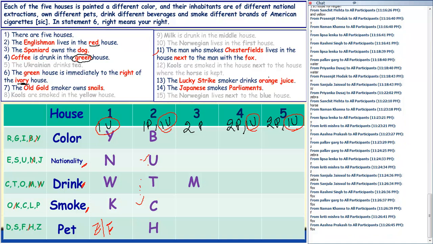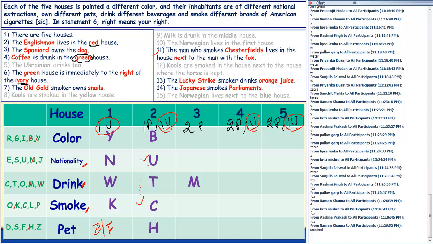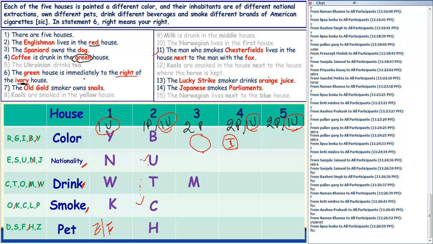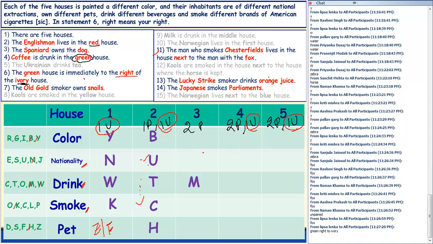One reason is that I can also eliminate it in this way. Remember, it says the green house is immediately to the right of the ivory house. If I take green here, I will put ivory here. So remember, if I take the green house at third and ivory at fourth, then there will be no possibilities here. Oh, no, there are possibilities. Yes, that is a possibility. Okay, fine. Yes, the pet here will be the fox.